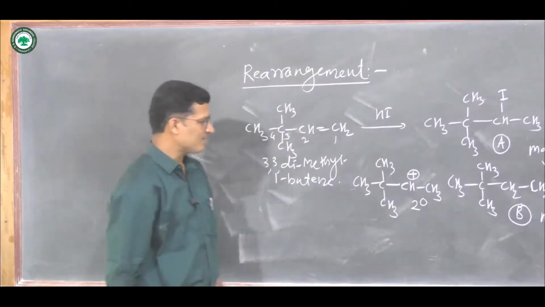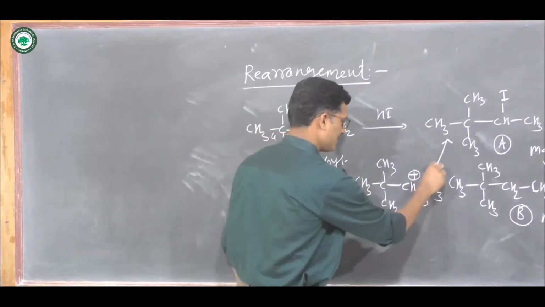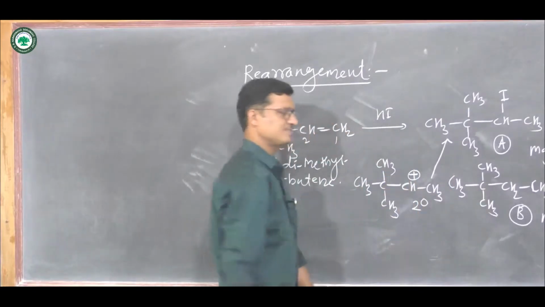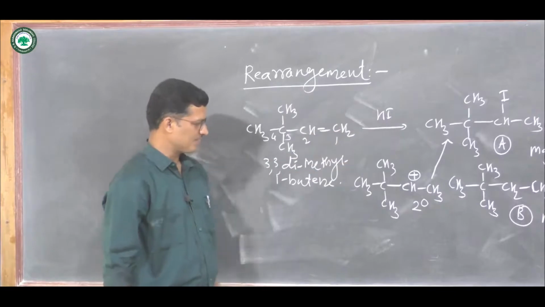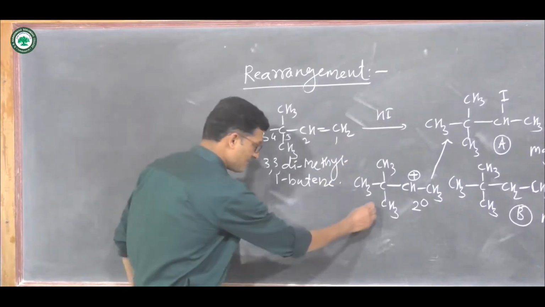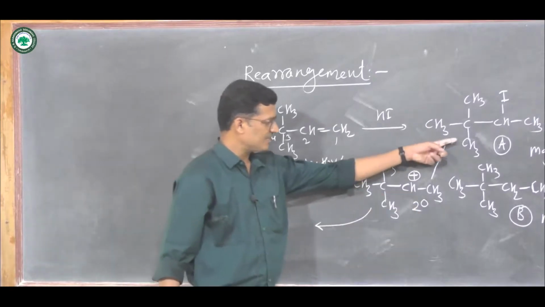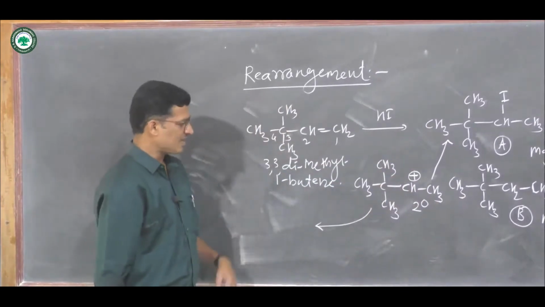And when the secondary carbocation is formed, then we get this type of product. I write the major product, but when the primary carbocation is formed, then we get this product. So here we get two products, A and B. But we remember we get another unexpected product rather than A and B. The third product formation takes place, and why this?